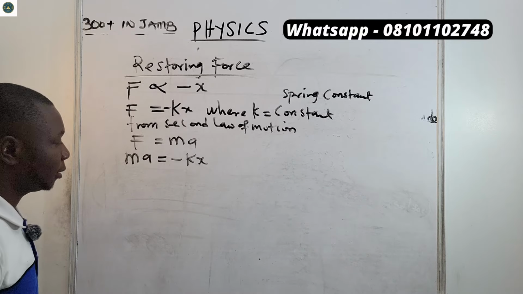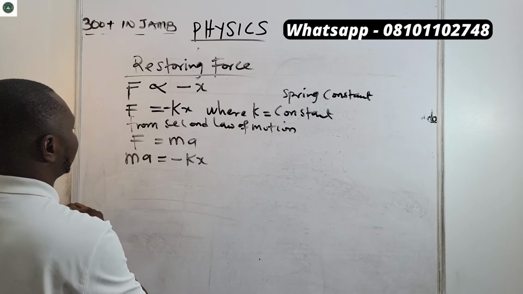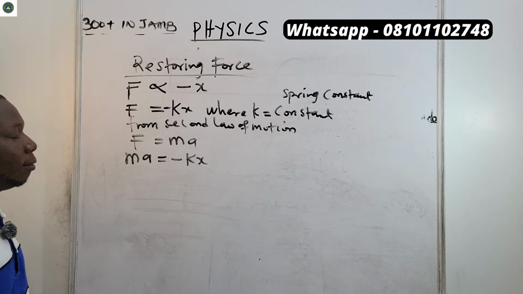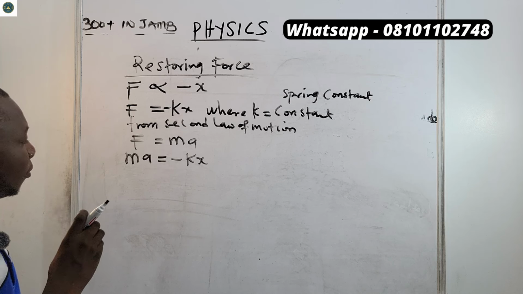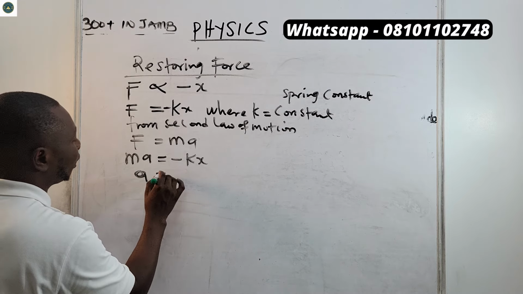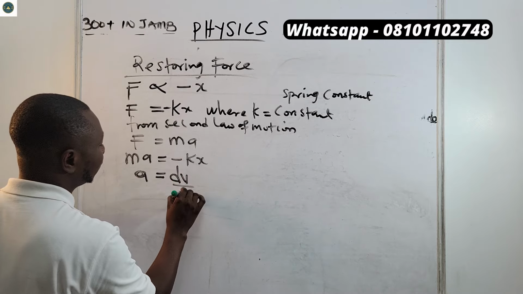Minus Kx. Now, ma equals minus Kx. From the equation of motion, we also know that acceleration is equal to what? dv/dt.